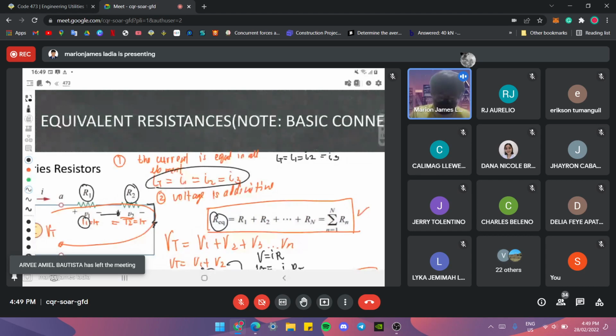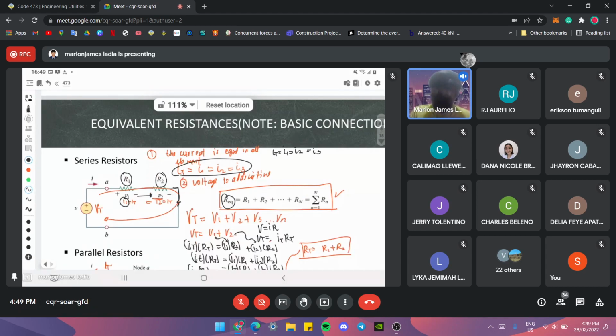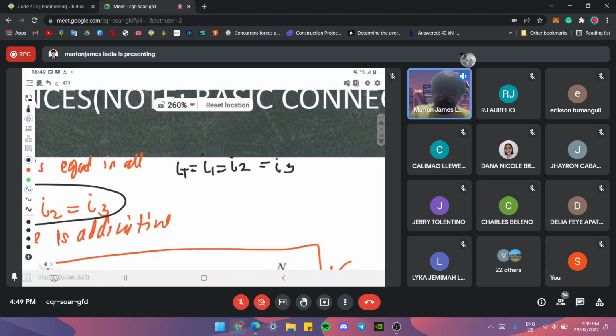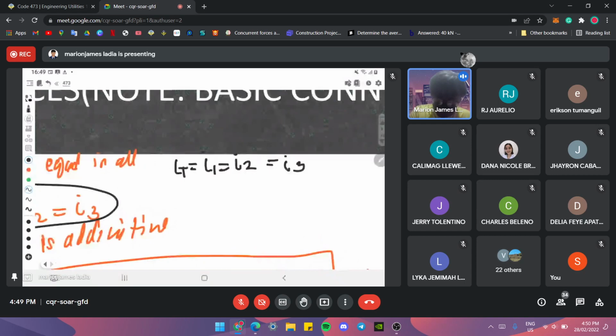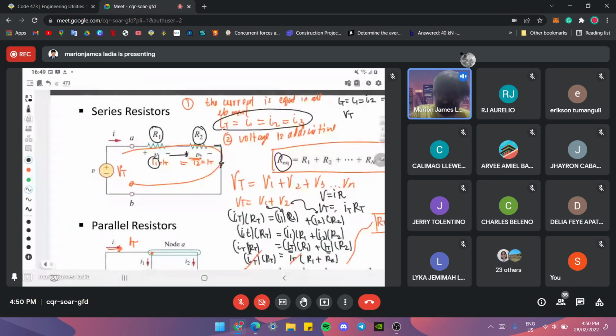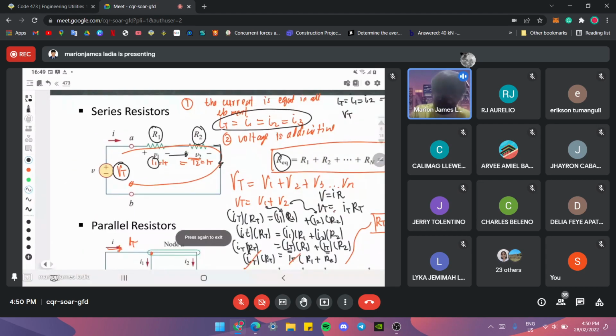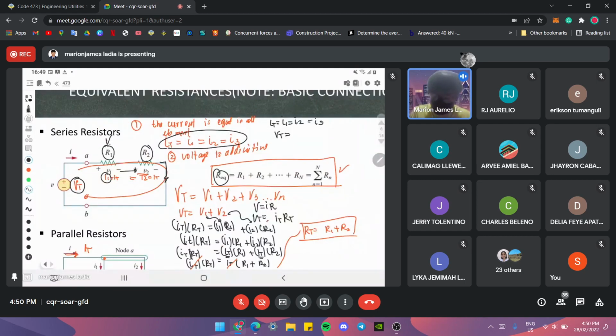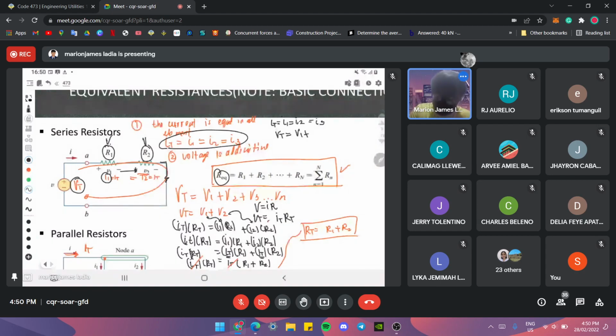Also, a characteristic of a series connection is that voltage is additive. So yung V total natin, which means it is the source, the voltage in the source, ito yun, is always equal to our voltage of our resistor 1 plus the voltage of our resistor 2.